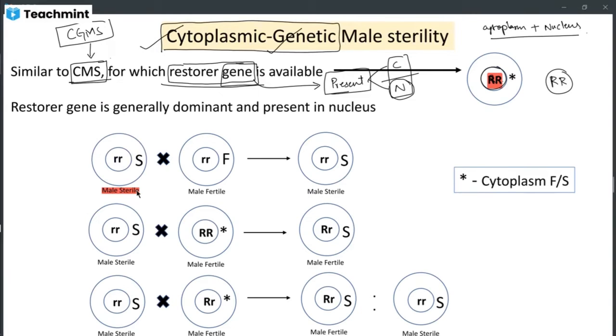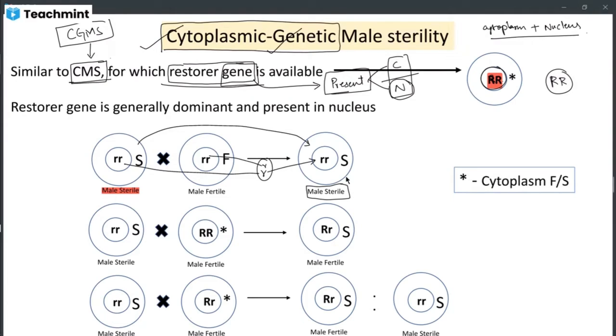So when we cross a male sterile line which has the recessive restorer gene condition with a male fertile line which has fertile cytoplasm, but again the restorer condition is recessive, the ultimate progeny will be male sterile itself, because the cytoplasm will come from the female side, and one r allele is from the male side and the other r allele is from the female side.